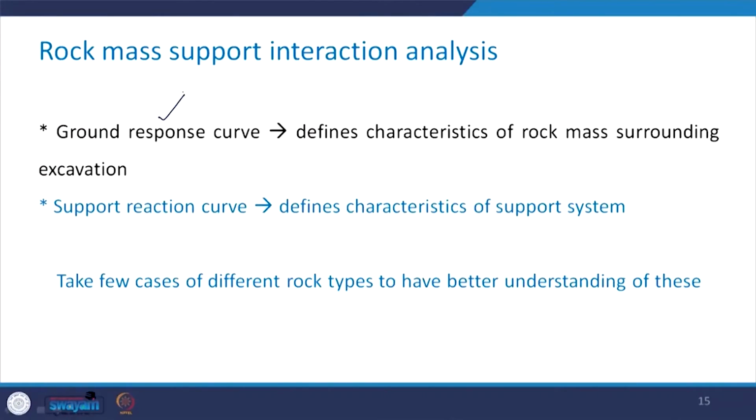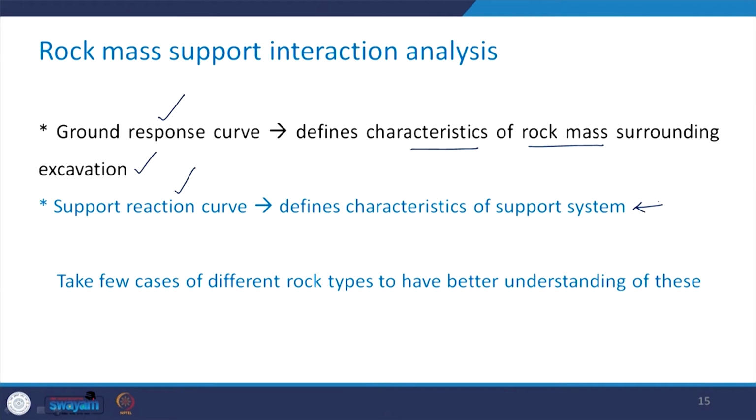How to do that? For this purpose, two curves are defined. One is the ground response curve, which defines the characteristics of the rock mass surrounding the excavation. And the second one is the support reaction curve, which defines the characteristic of the support system.